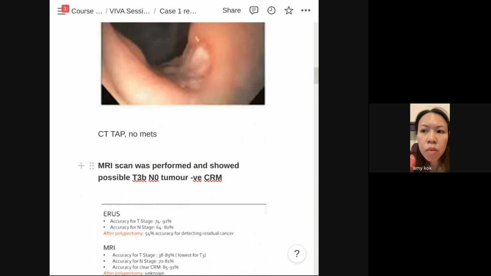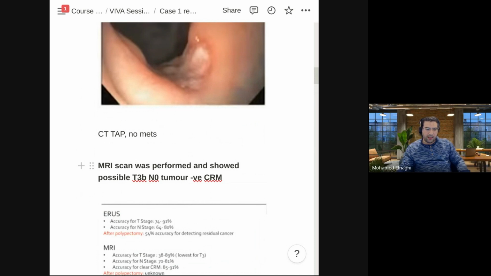Yes, if it is N1 or N2, I'm more prone to refer this patient to the oncologist for discussion of neoadjuvant therapy first before the surgery. Fine. So suppose that the oncologist tells you that this patient has a negative CRM on the MRI scan, and they can be cured by surgery.